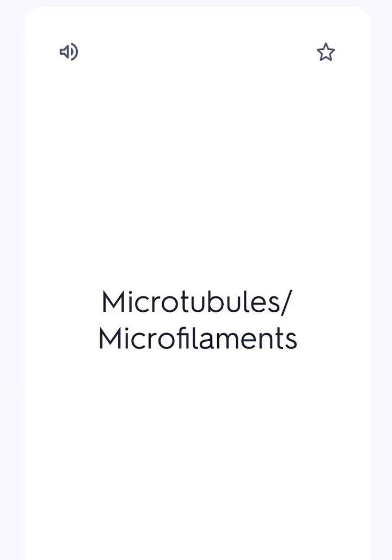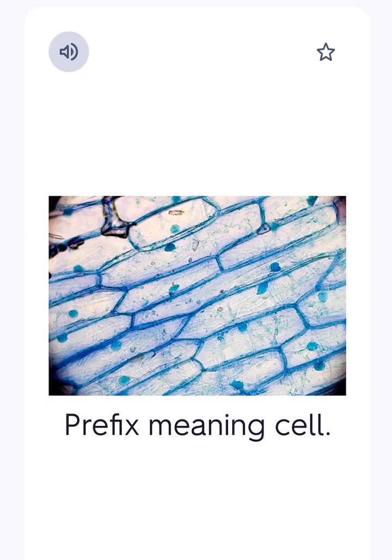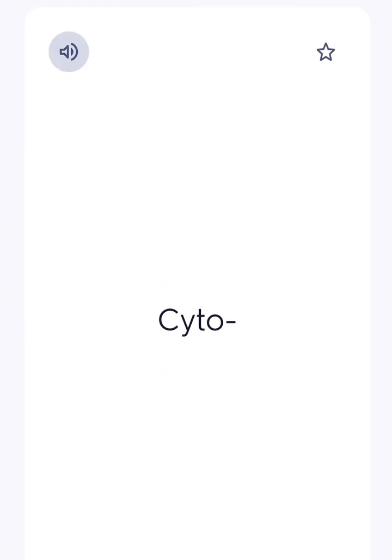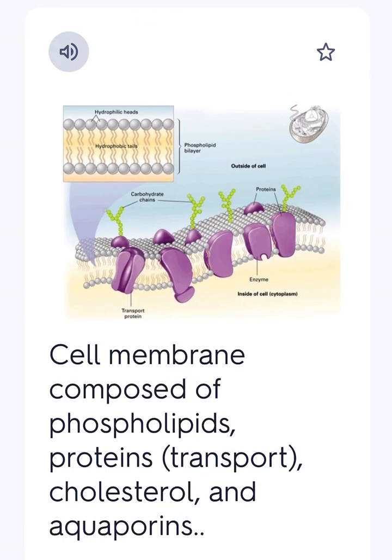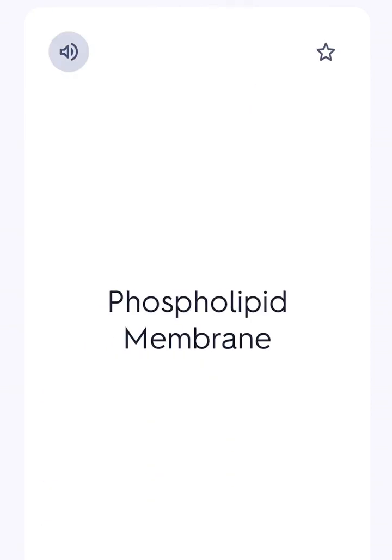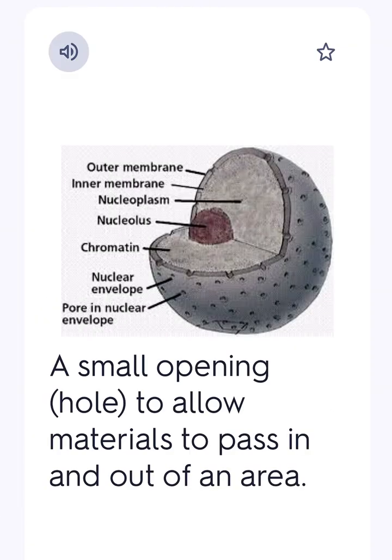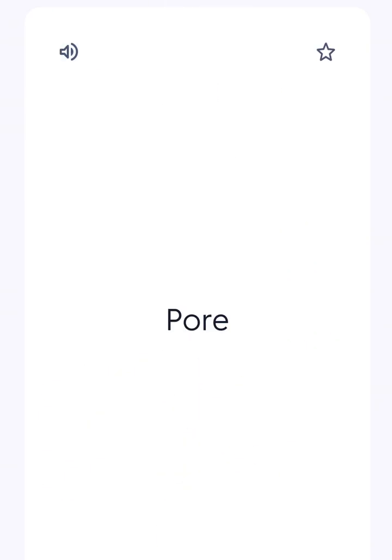Microtubules/microfilaments. Prefix meaning cell. Cyto. Cell membrane composed of phospholipids, proteins, cholesterol, and aquaporins. Phospholipid membrane. A small opening to allow materials to pass in and out of an area. Pore.